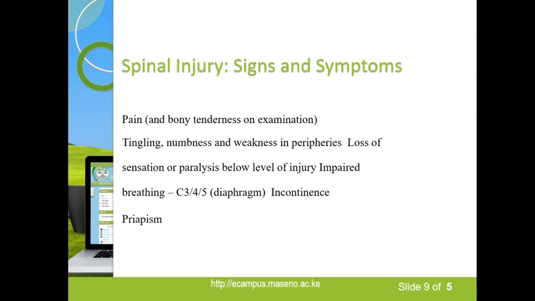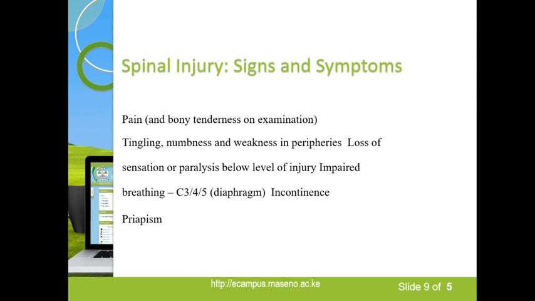Now when a person has spinal injury, some of the signs and symptoms you may see, or how to recognize spinal cord injury: the person may have pain, they may complain of tingling sensation or numbness or weakness in the peripheries, or loss of sensation, or paralysis, usually below the level of the injury.